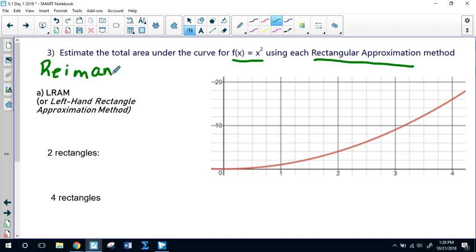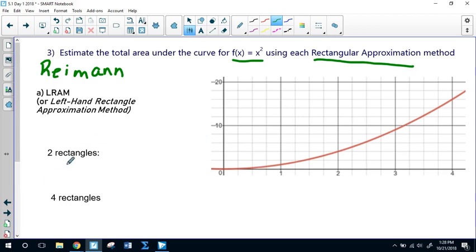Sometimes the R in this formula stands for the word Riemann, but usually we think of it as rectangular. So this is the left, sometimes called left-hand rectangular approximation method, meaning start on the left side and don't use the height on the right side.